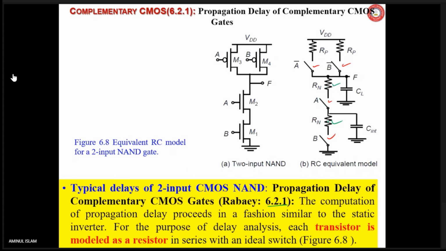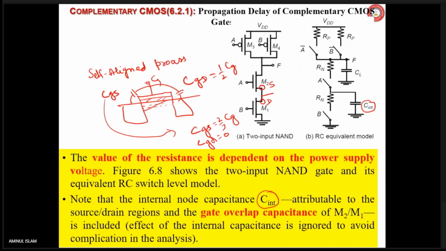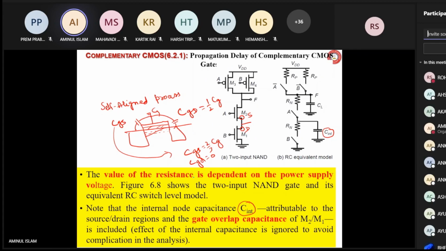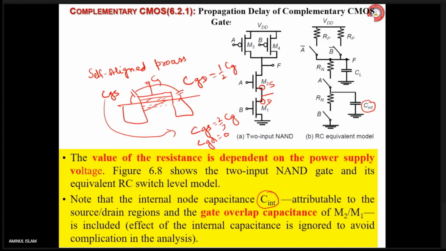Rn is shown for the resistance of the NMOS, Rp for the PMOS. So in the pull-down network, both the Rn are in series. The value of the resistance is dependent on the power supply voltage.